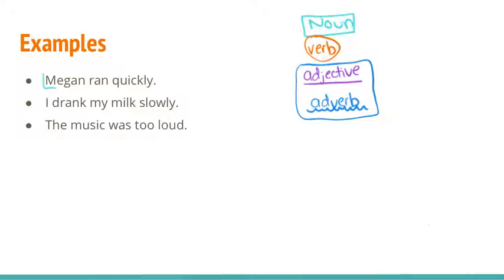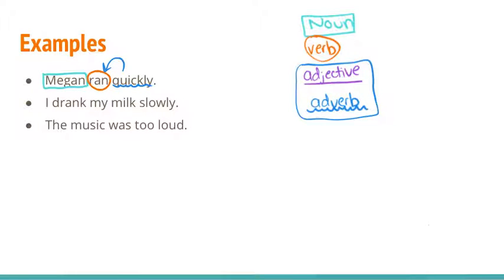Megan, she's a person, so we're going to box her. Megan ran quickly. There are only 3 words here, so it looks like we're going 3 for 3. Since we are spotlighting adverbs, we can pretty much tell that this last one is not going to be an adjective. It is an adverb. And what could quickly possibly be describing? Our verb.